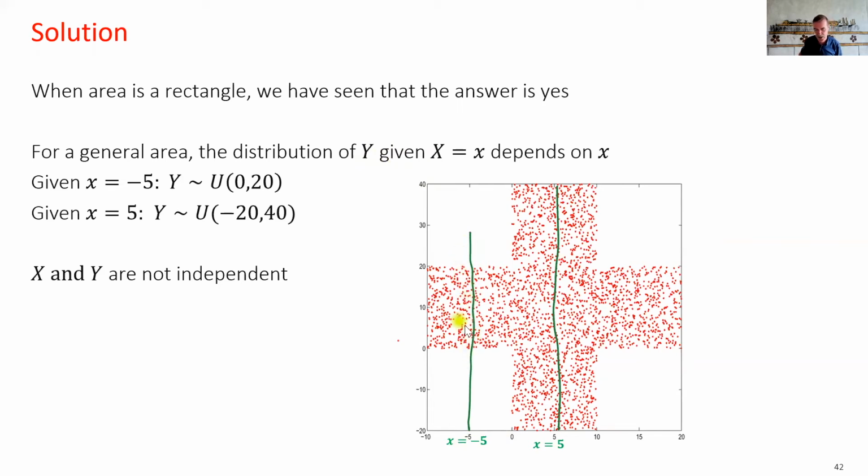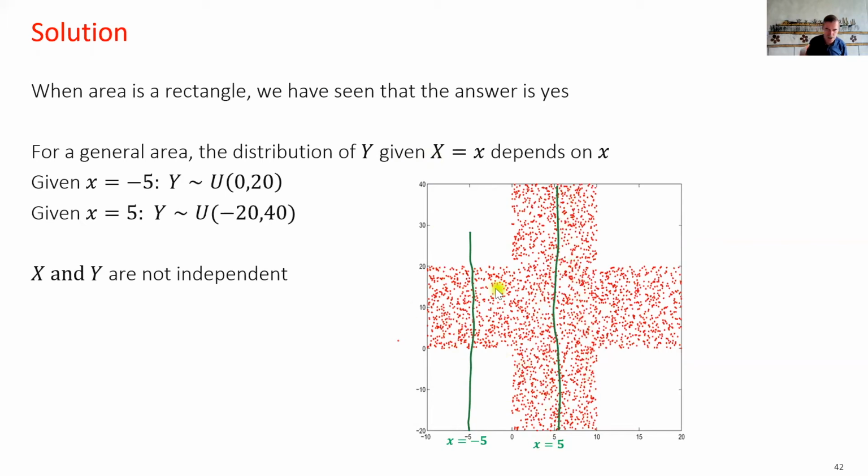Of course, they are not exactly on the same line, so in practice, I will do a little bar around it, and I look at the points that are here. So those points that are on this green bar are samples of the conditional distribution of Y, given that X is equal to minus 5. I can do the same when X is equal to plus 5. I will have this other bar here.